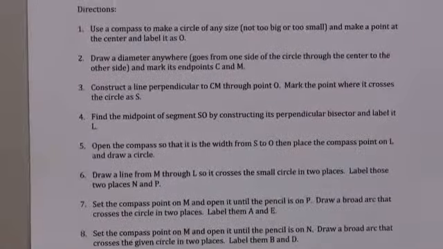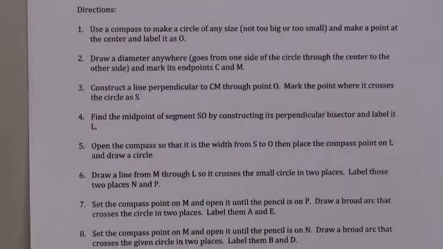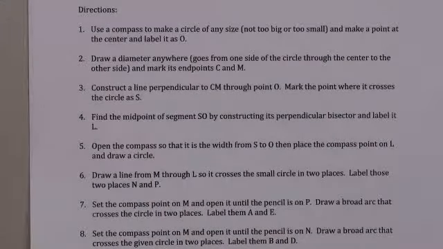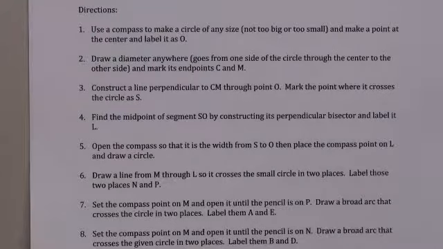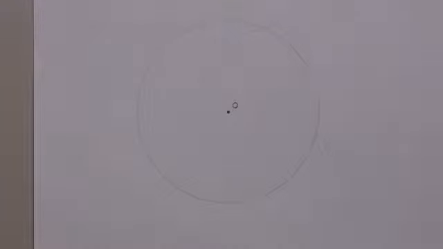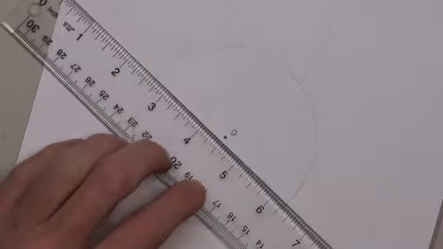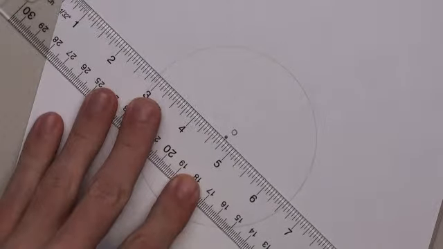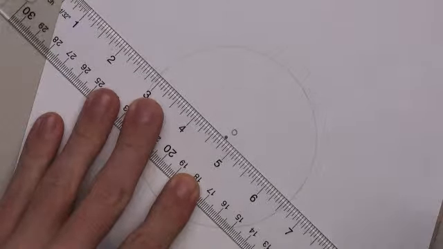Draw a diameter anywhere. Remember, a diameter goes from one side of the circle through the center to the other side, and mark its endpoints C and M. So I'm going to draw my diameter like this.